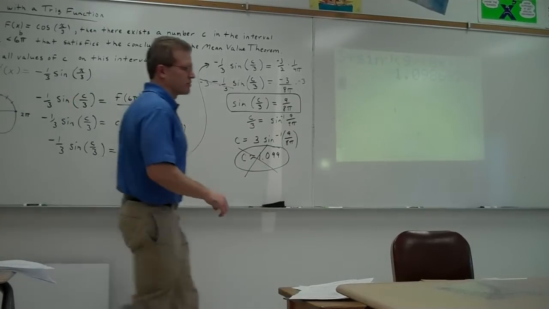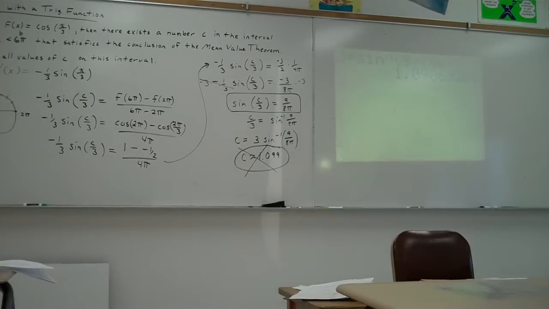So we're going to push y equals. And type in sine of, for c we have to use x, divided by 3. And for y2 it's going to be 9 divided by quantity 8 pi.